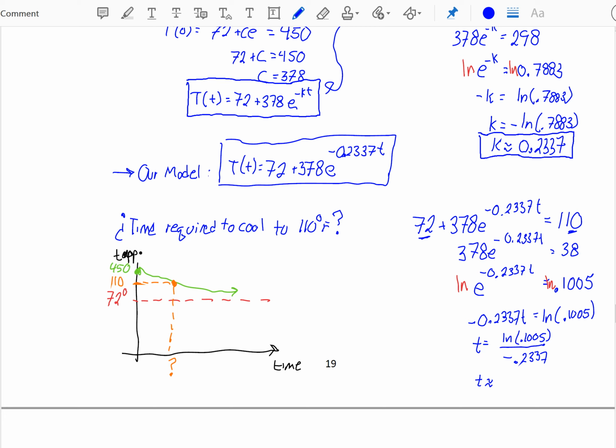And if you're cautious, I think this should come out to be about 9.7 minutes. It'll take 9.7 minutes for our pizza to cool down for us to start to eat it.